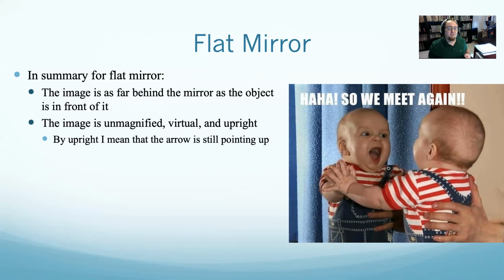And I haven't talked about this one, but it's also upright. If you look at something pointing up, it's still pointing up. Once again, if you look through the camera and you look at me through this lens, I'm upside down. That is called inverted, where an image is flopped up and down. But that's not true for a flat mirror. And so we can say for any flat mirror, we have an unmagnified virtual upright image.